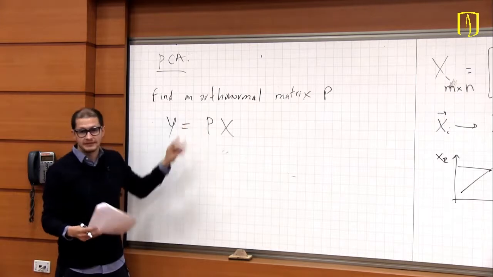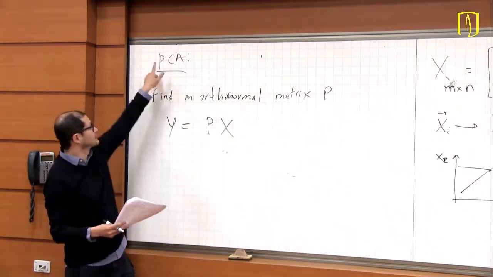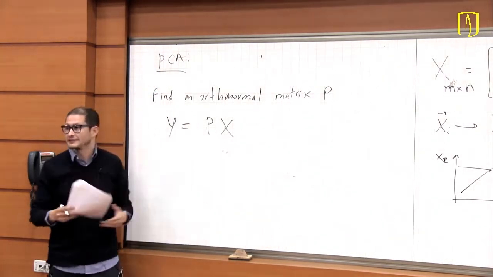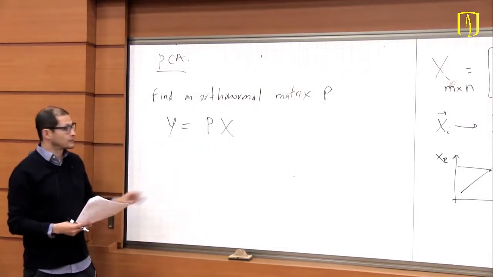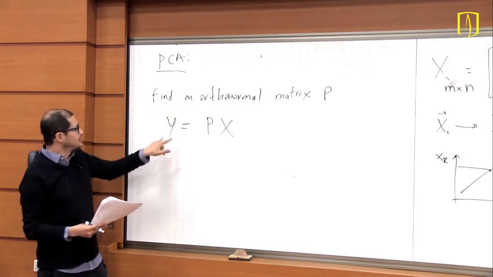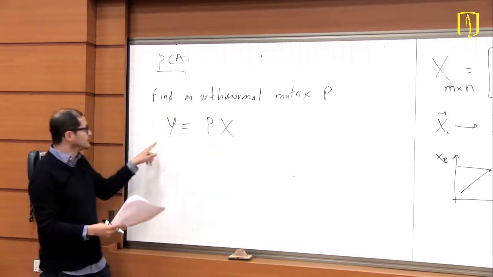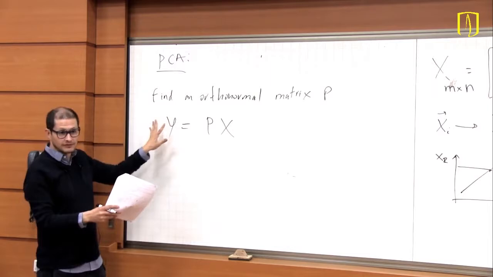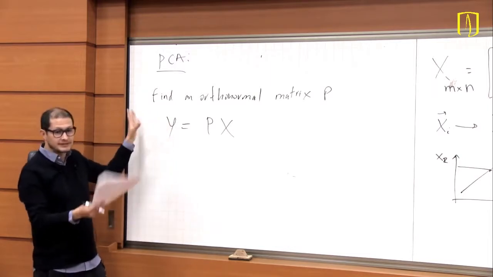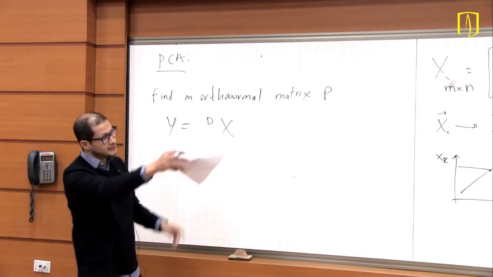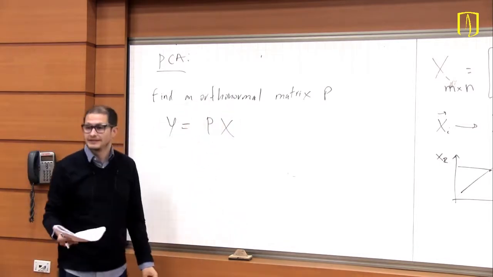This P is, as you probably guessed, going to be called the principal components. So what we want to achieve is to find new representations for x, where the new data set, or the new design matrix, is uncorrelated.